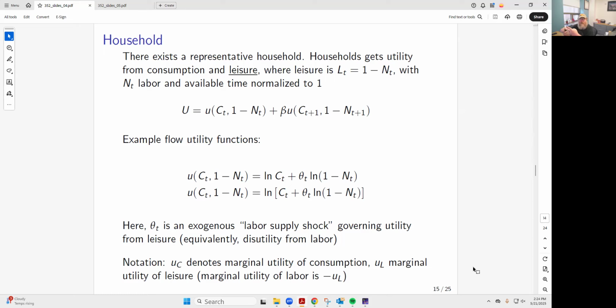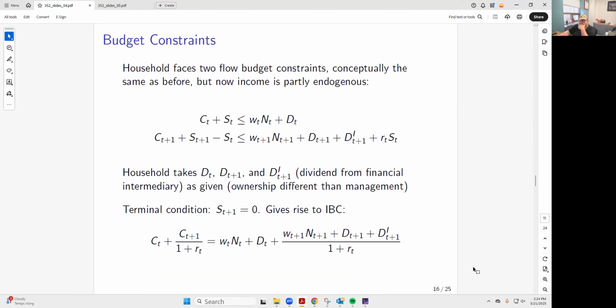If someone really, really likes money, they're probably going to work more hours and less leisure. If someone really doesn't care about money, but they really like spending time with their family, they might choose more leisure than labor. So the math looks complicated, but the concept here is super straightforward.